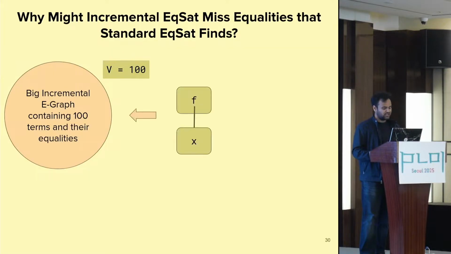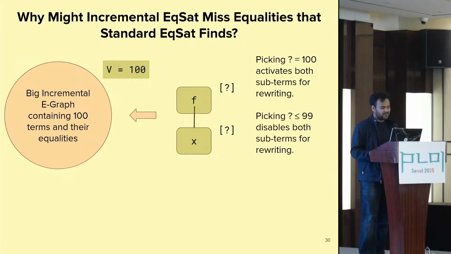Now we have this new term, f of x, and we want to add it to this incremental E-graph so that we can optimize it. Well, to do that, I must pick a version for each E-class in this term. We basically have two choices. If I pick 100, that means I've chosen to activate both E-classes for rewriting.